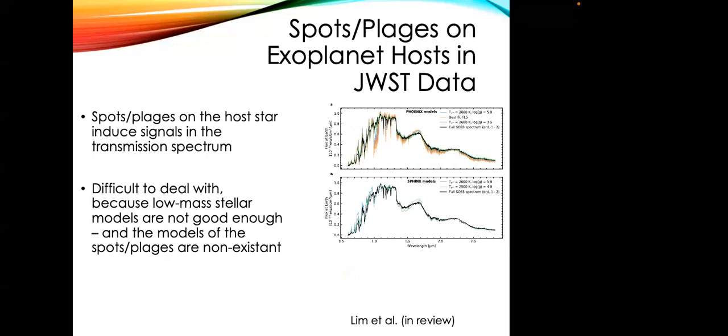Sphinx is doing a little better around 1 micron, but this is real data that we cannot fit with models. And if we're trying to use these models to model the photosphere so we can judge whether or not they have spots or plages, that's going to be a problem, because spots or plages are going to induce signals probably smaller than the discrepancy between the model and the data.